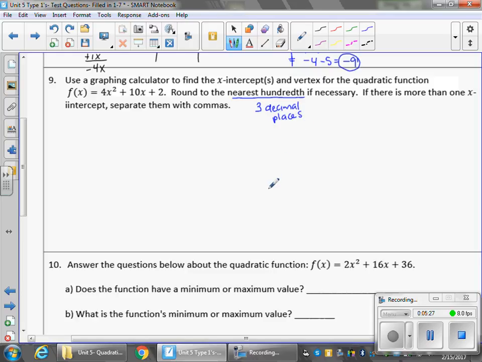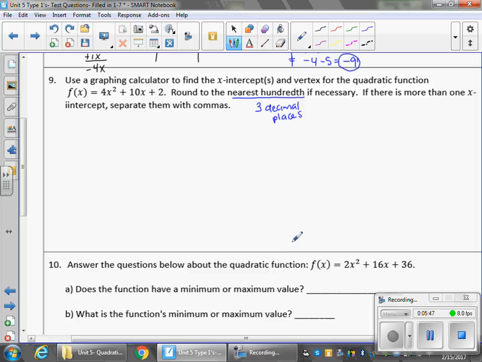If there's more than one x-intercept, sorry for the typo, separate them with commas. Okay, this is a graphing calculator skill question. Unfortunately, I can't pull up Alex's graphing calculator in these notes. So I will tell you what the answer should be so that you use the worked example.